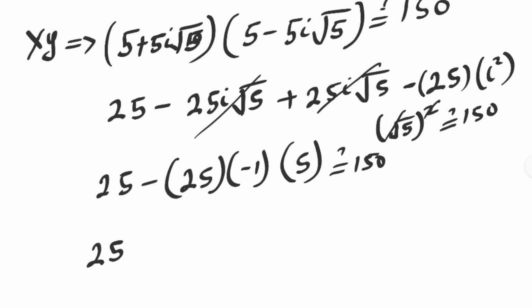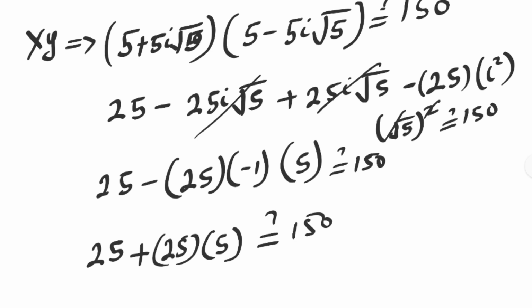Then minus times minus 25 times 5 is plus 25 multiplied by 5, must be equal to 150.